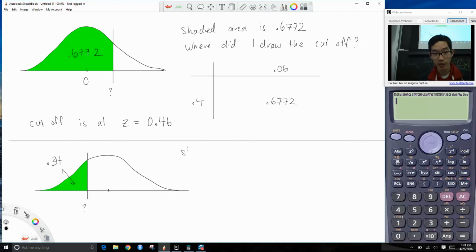So the shaded area is 0.34, and where is the cutoff?